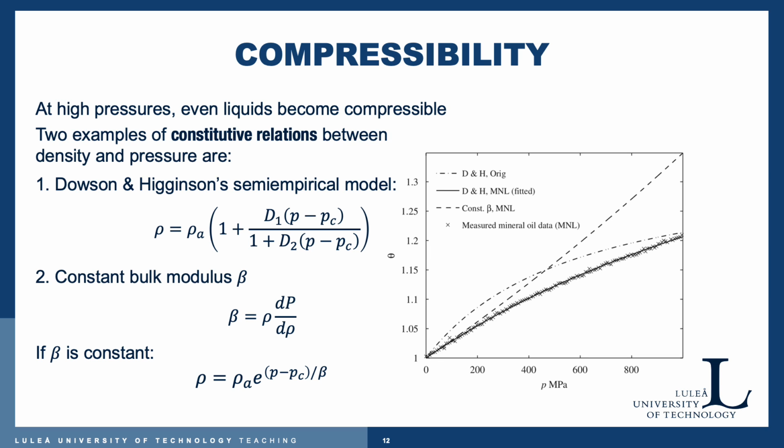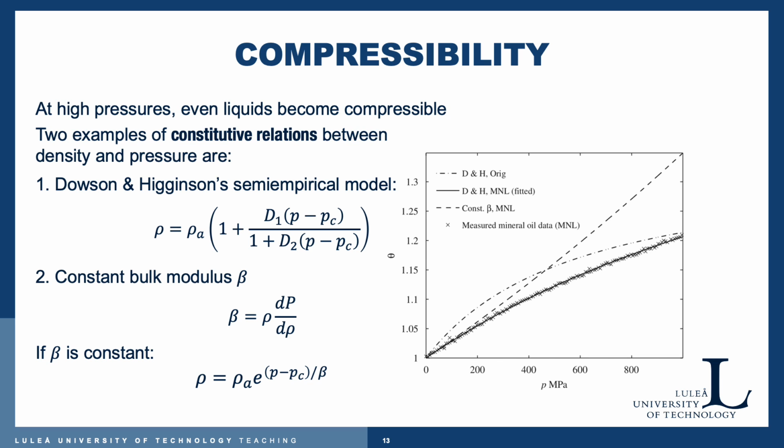If beta is constant, then we can integrate this expression and we obtain this explicit exponential relationship between pressure and density, as you can see here. So it's a two-parameter model if you do not regard cavitation pressure as a parameter, but it has the ambient density rho A and it has the bulk modulus coefficient beta.